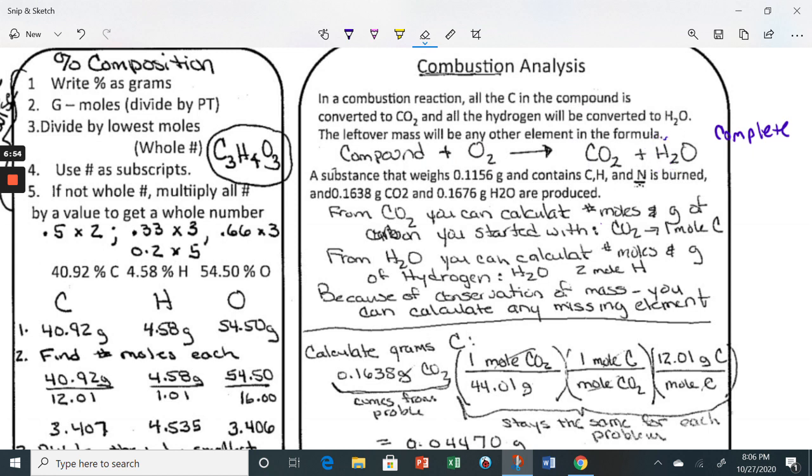Okay. Now, in the problem, it says the substance weighs 0.1156 grams. And it just says this one only contains carbon and hydrogen. And it does say we're burning nitrogen with it as well.